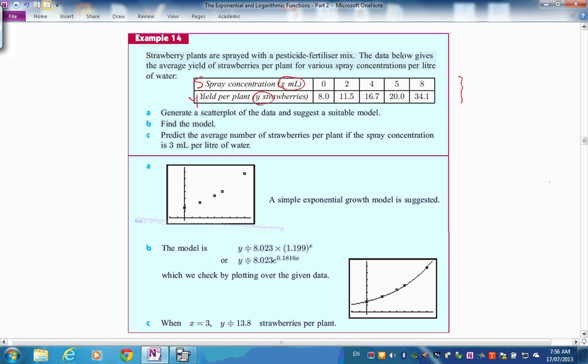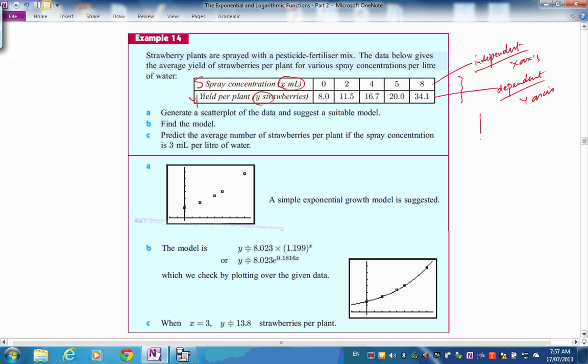They put it as X and Y there so that the student gets the variables in the right place, because clearly the spray concentration is the independent variable and the strawberry yield is going to result from that. It is the dependent variable. So this has to be on the x-axis and this is on the y-axis in technology land.